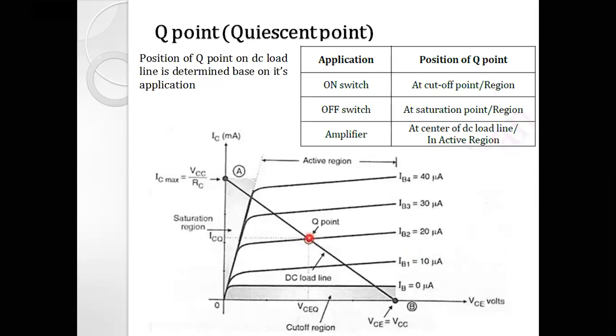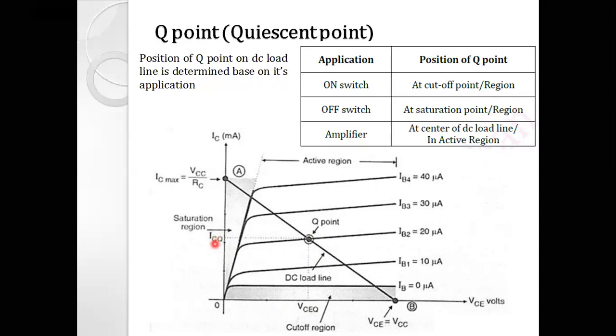For operating point Q, we must know the x-axis coordinate, that is VCEQ, which tells us that the operating point is this much far away on the x-axis, and the second coordinate of the operating point is ICQ, which tells us that the operating point is this much far away on the y-axis.